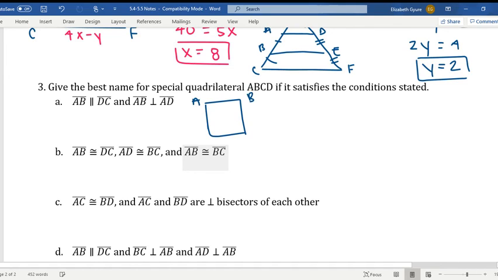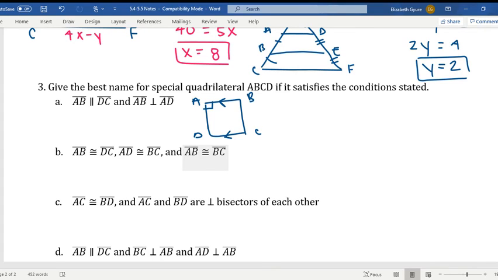This is A, B, C, D. It is telling me that AB is parallel to CD, and that AB is perpendicular to AD. So if it's giving you one set of parallel bases and then one right angle.